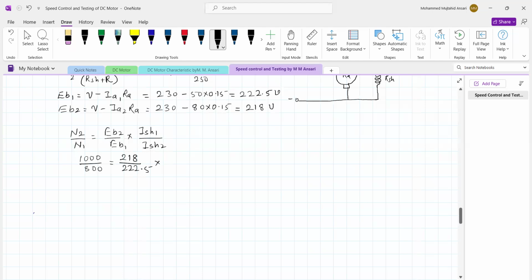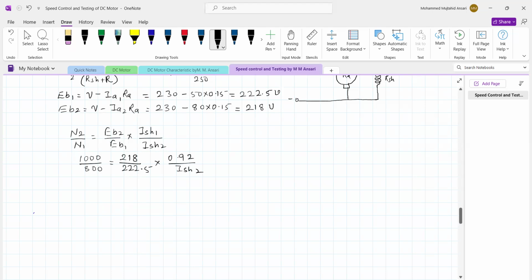We know the value of ISH1, we have already calculated it. So it is 0.92 divided by ISH2.